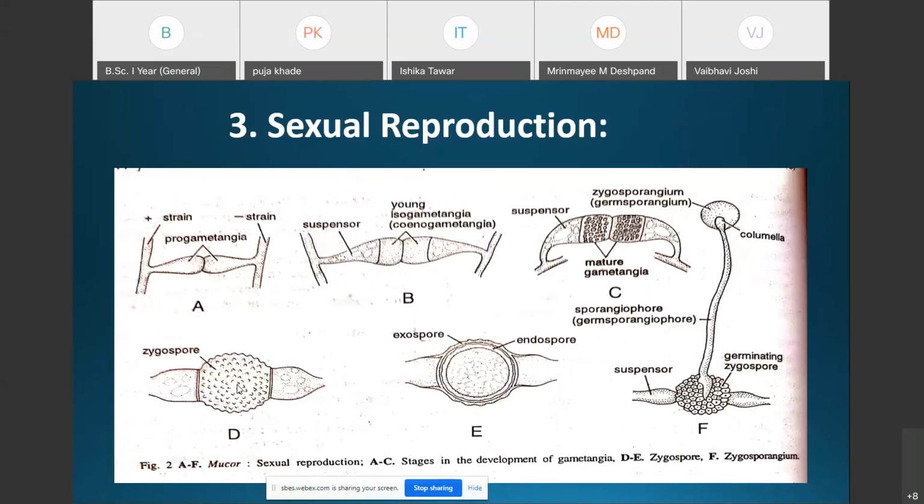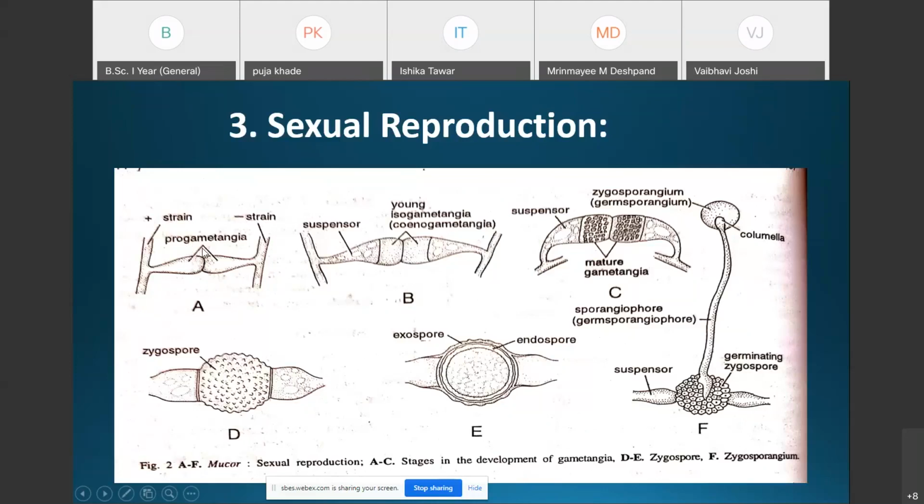All these processes we are discussing are sexual reproduction in the heterothallic species. Here the sexual process begins with the growth of the hyphal branches of the positive and negative strains towards each other, and that is how the sexual process is initiated.